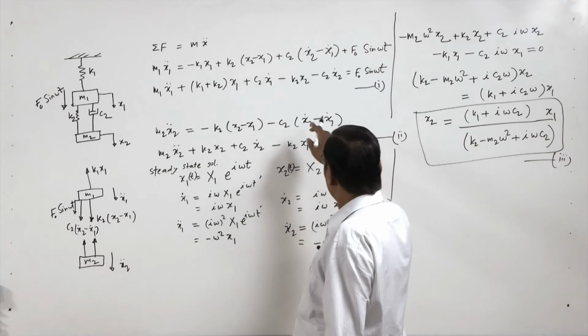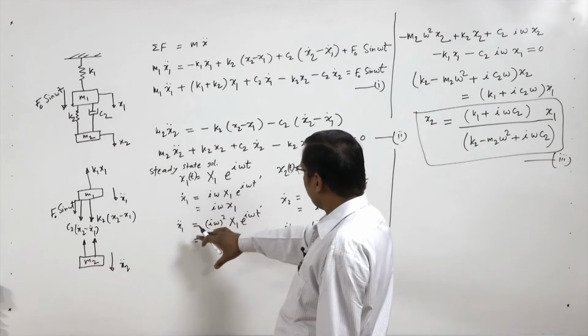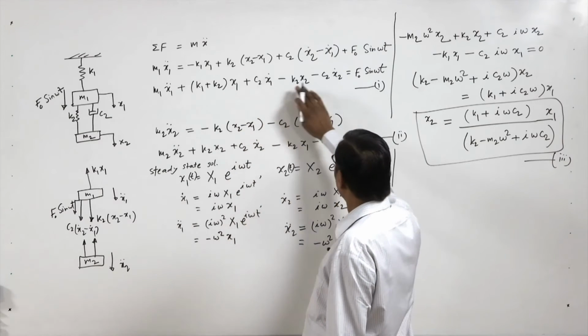Now we put the same values of x1 dot and x1 double dot in equation number 1.